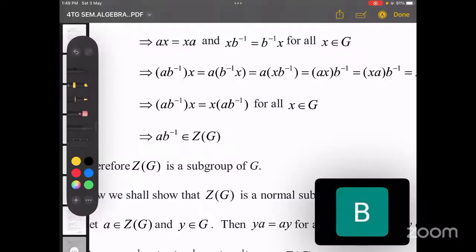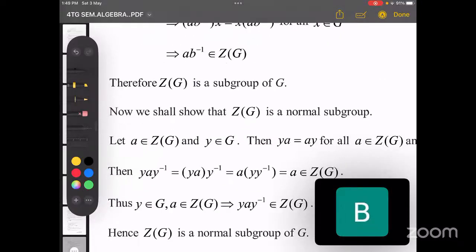Now we shall prove that Z of G is a normal subgroup. By the definition of the normal subgroup, we have to prove that Z of G, the center of G, is a normal subgroup.